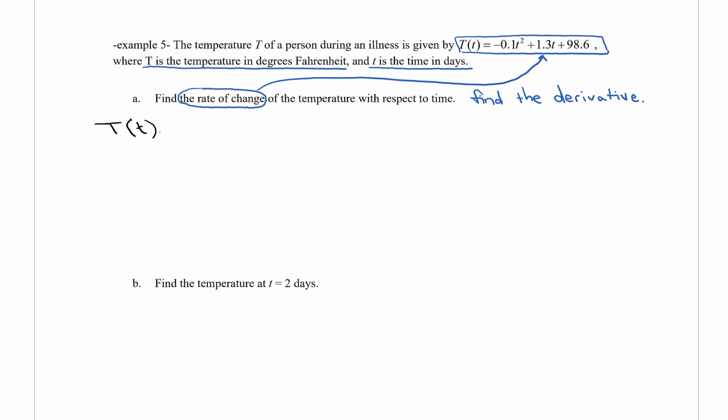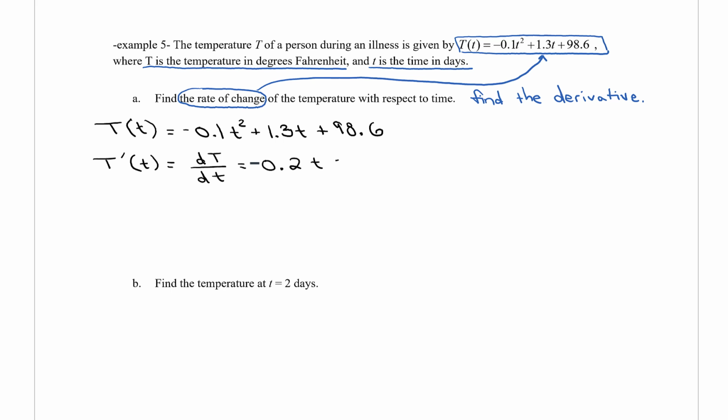So once again, I'm going to write down my function, T(t) is equal to negative 0.1 t squared plus 1.3 t plus 98.6. Now we're going to find T'(t), the derivative of uppercase T with respect to lowercase t. It's going to be equal to negative 0.2 t plus 1.3. And I'm going to box that answer in.